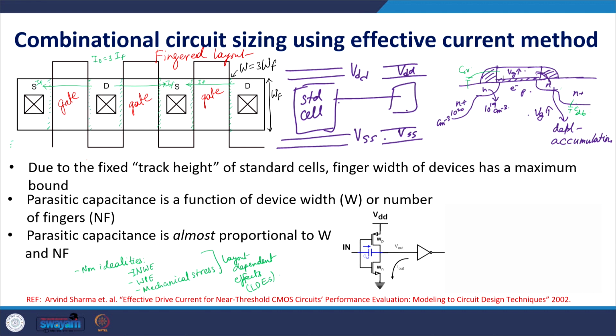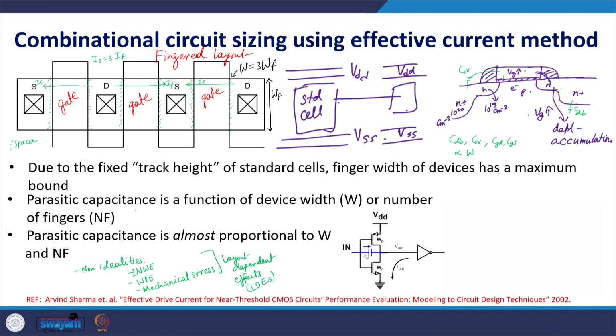Let us specify this. If we look at this, we would say that the capacitance CDB, this overlap capacitance and the gate capacitance, all kinds of gate to drain and gate to source, are proportional to device width. We call this the parasitic capacitance.